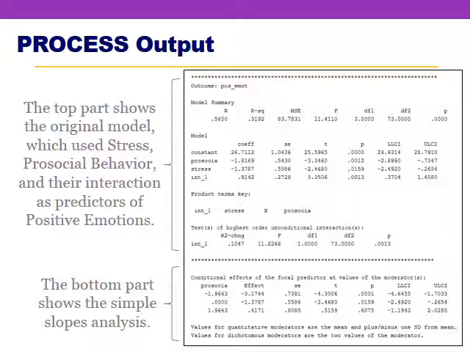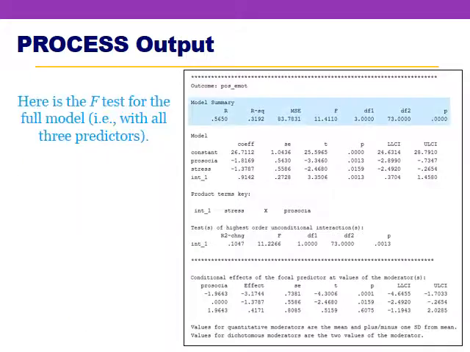So first, let's slowly walk through this output so that we can understand what's what here. Even though it looks very different, it gives us all the same information that we're accustomed to getting. It just is formatted in a slightly different way. So the first box up here gives us the model summary.